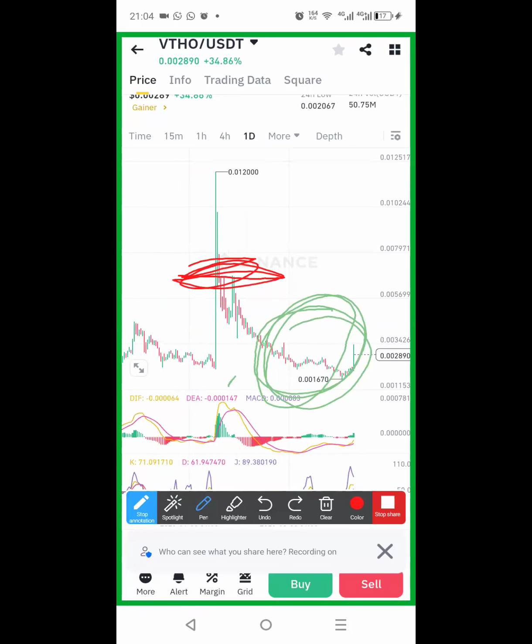From this red area that I circled now to this area, on the 1-day time frame, if we see the trend of this coin, it is already in a downtrend.